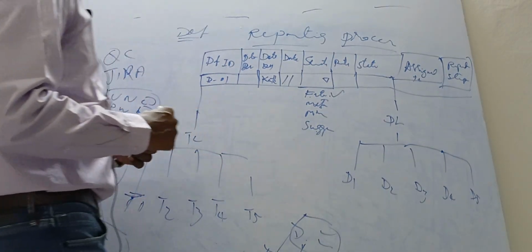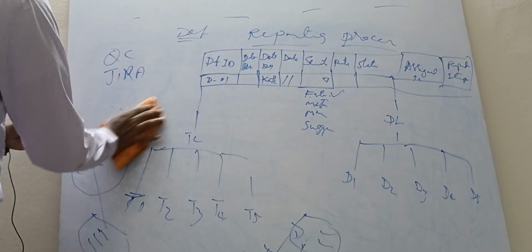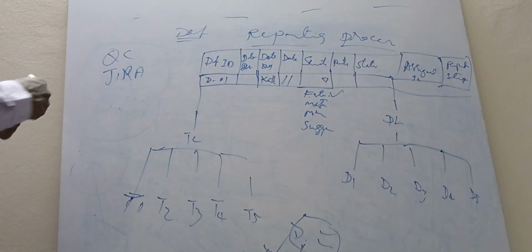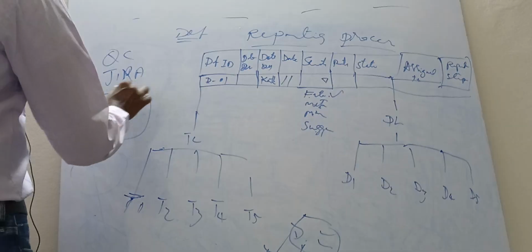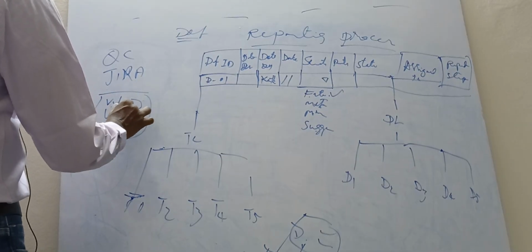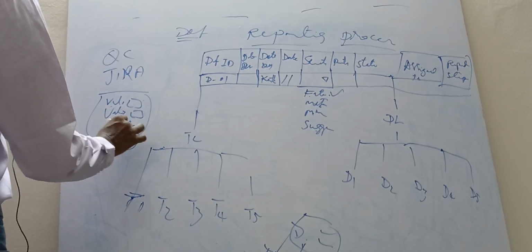And major means: you have value 1 and value 2, and when you add, something should come.